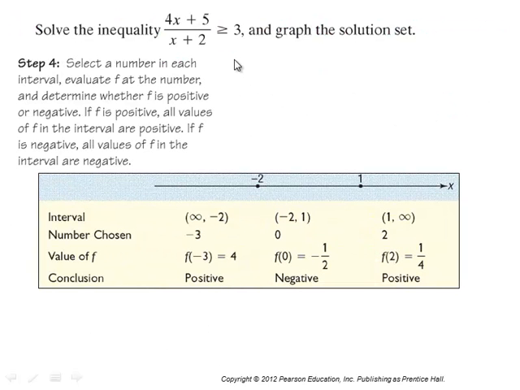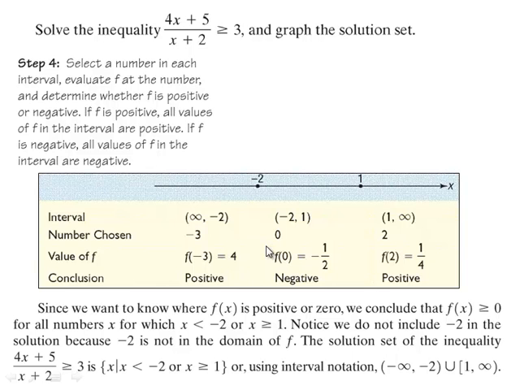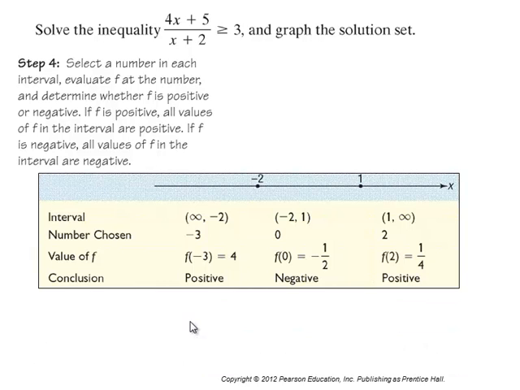So let's go ahead and review. From -infinity to -2, including -2, well, hold on here. We can't use -2 because at -2 the function will be undefined there. So we will not include -2.